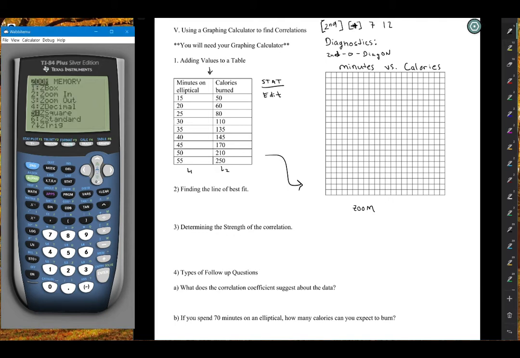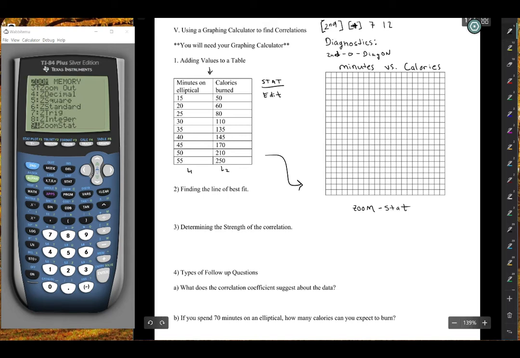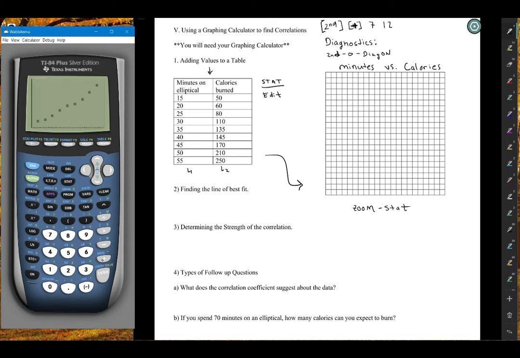So zoom stat. We can make it a little better here, but you can also just give a general sketch as to what the graph looks like. I know it's not precise or accurate, but for the most part, you can see the general trend. I'm just looking for a general scatter plot here. Remember, on the x-axis we have minutes, and on the y-axis we have calories.